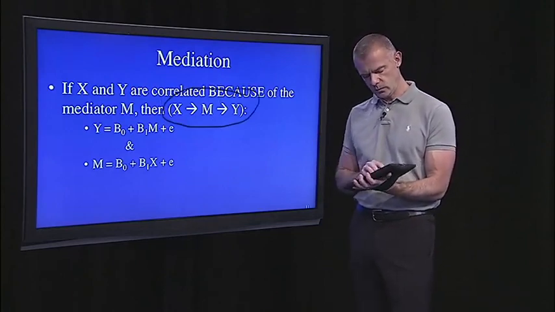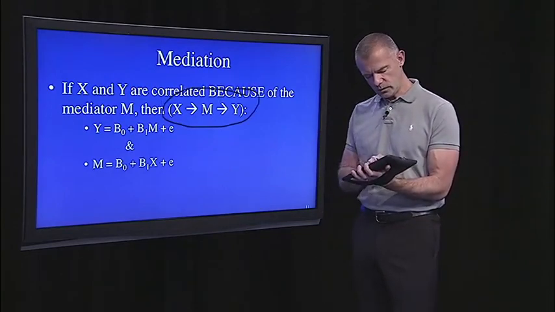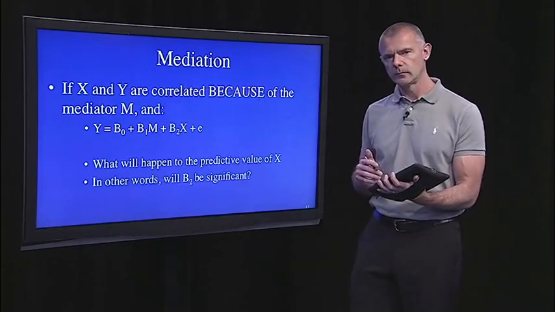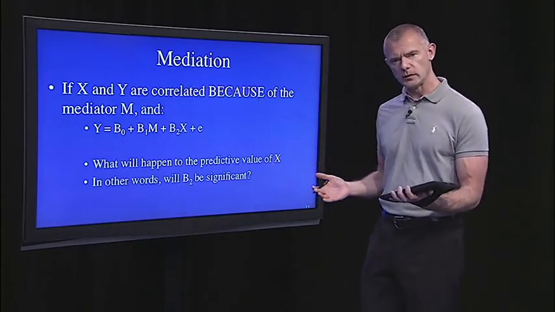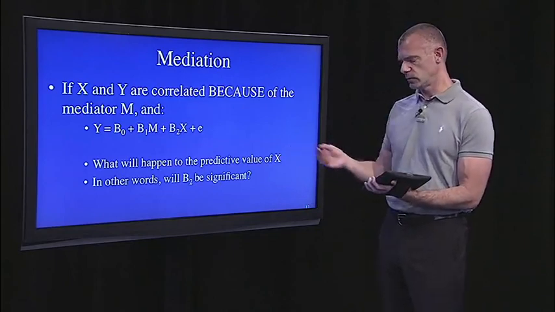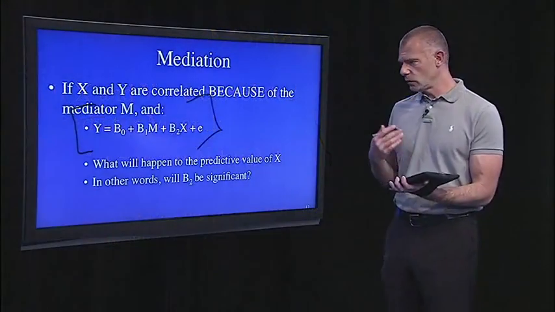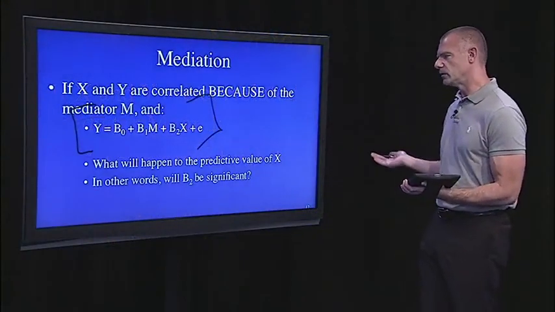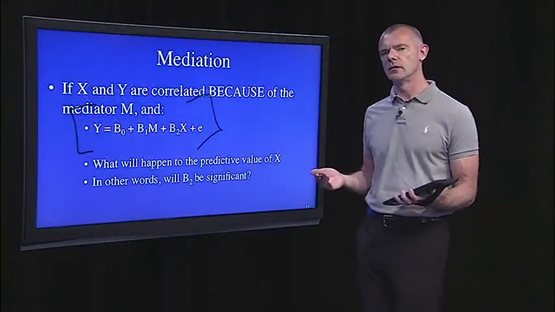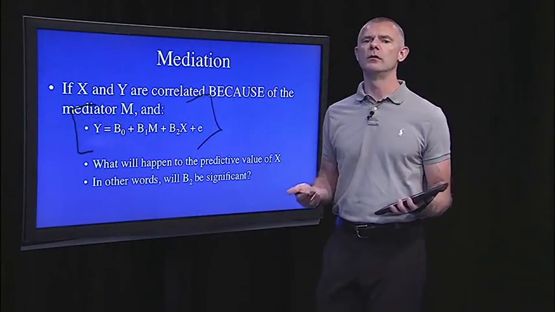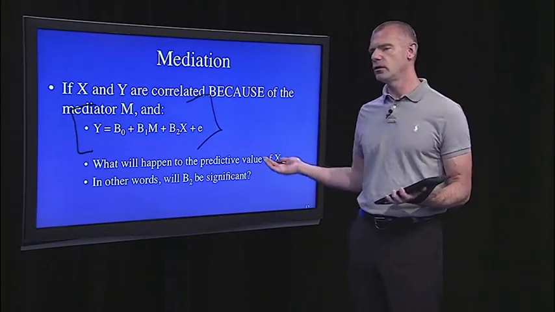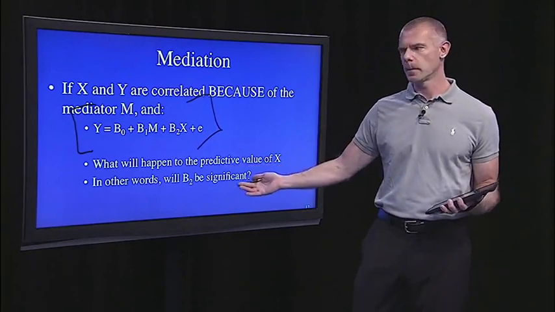But to include this entire path diagram, and that's what we're going to see in the next segment, we need to add both predictors into one regression equation. So here's the full model, so to speak, which has both the mediator and the original predictor. So the question is, what happens to the predictive value of X after you add in the mediator?